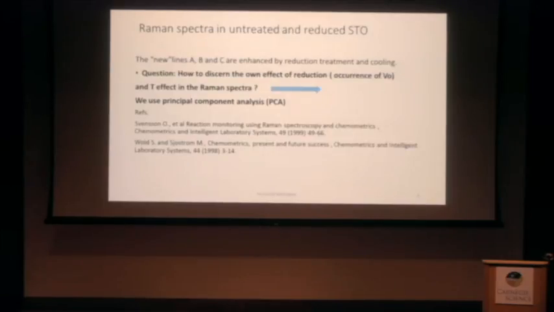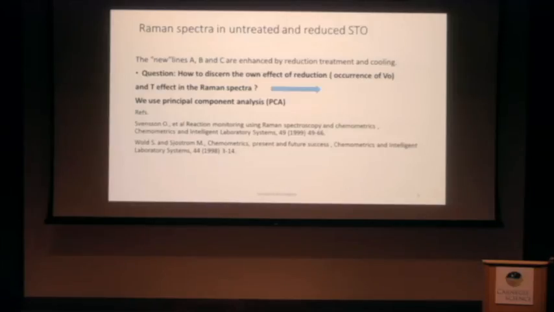So we have detected 3 new lines, A, B, and C, and these lines are enhanced by reduction treatment and cooling. The question is how to distinguish the effect of reduction, meaning the occurrence of oxygen vacancies, from the effect of temperature on the Raman spectrum.